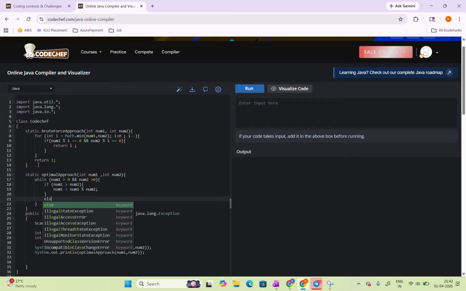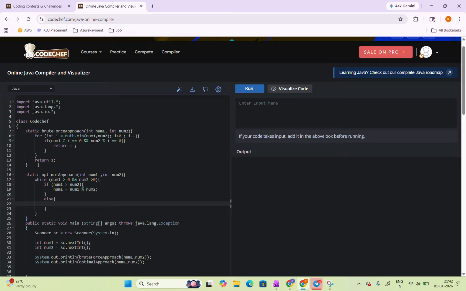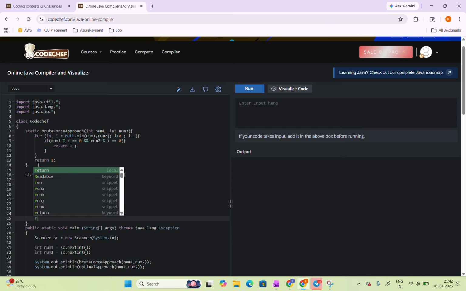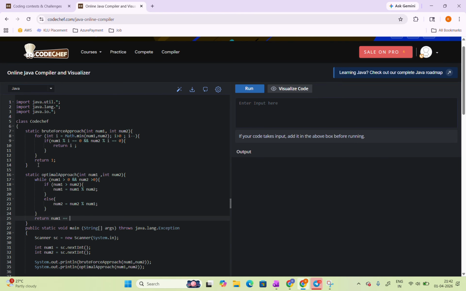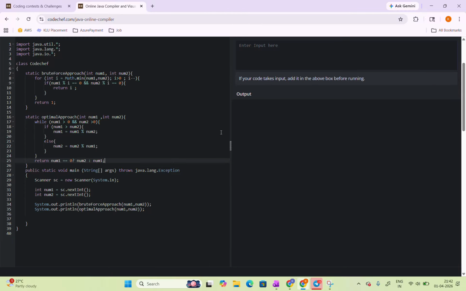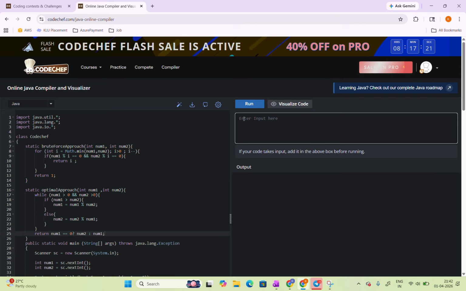Or else, num2 equals num2 modulo num1. I can write the shorthand operator, but for better clarity I'm writing it like this. Okay, I'm going to write one more condition. If num1 equals 0, it is satisfying my condition, then return num2, else num1.